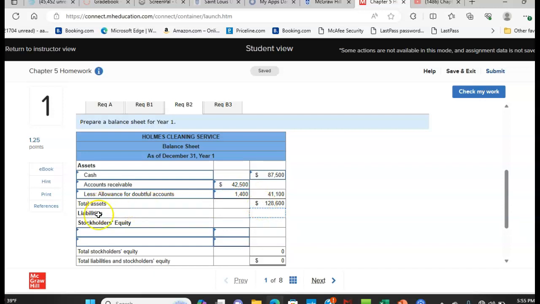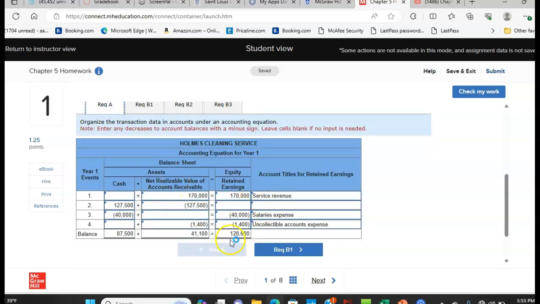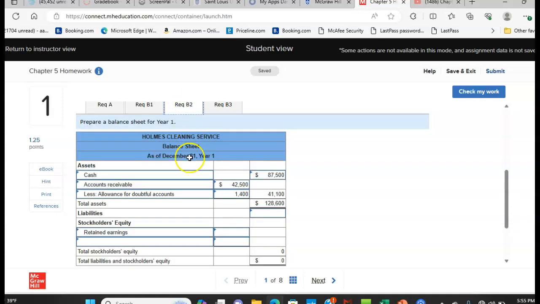We didn't have any liabilities. Under stockholders' equity, we have retained earnings, and it has to match the balance sheet, but we can just go back here and check. So retained earnings was also 128,600. So now your balance sheet does balance.